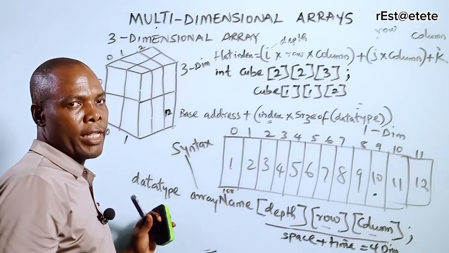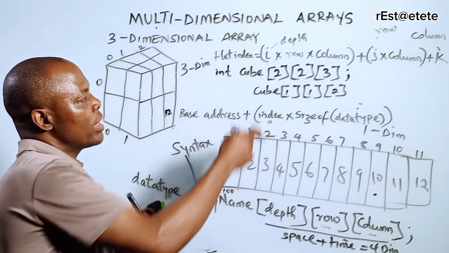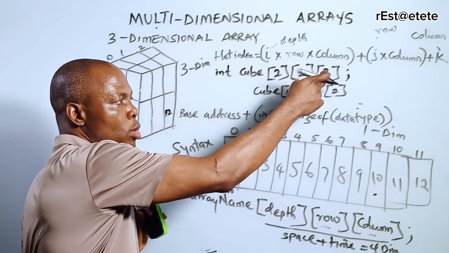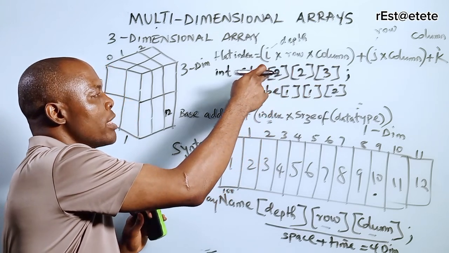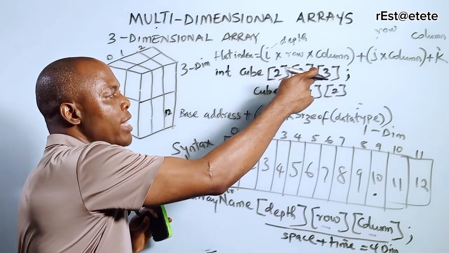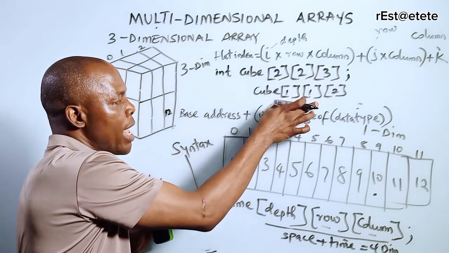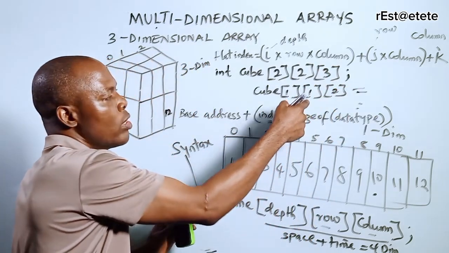What will be the value of this element? Because if I'm having 2 depth, 2 rows, and 3 columns, the indices will be 0, 1 for the depth, 0, 1 for the row, and then 0, 1, 2 for the column.